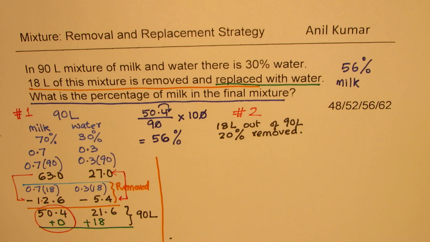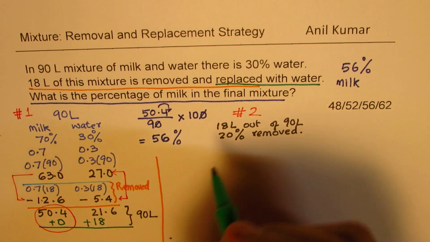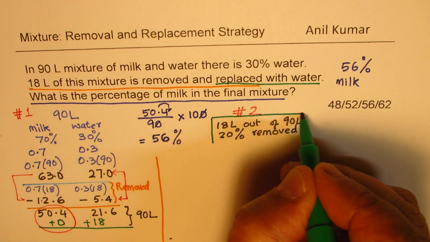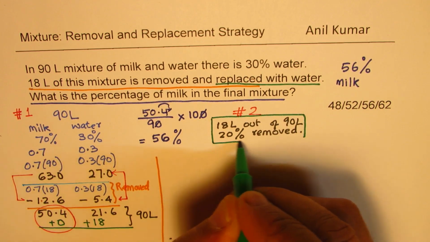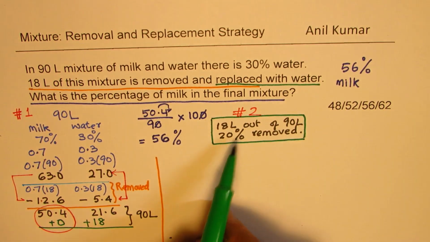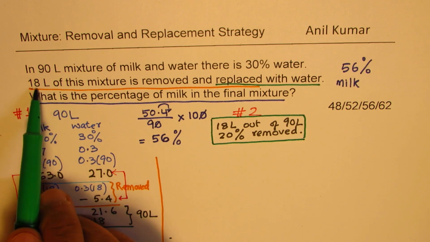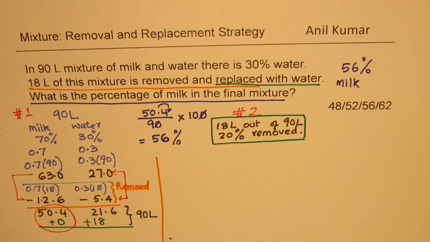So for some students who understand percent and ratios and fractions, method 2 is a very good method. So the key here is to understand, when we say 18 liters removed from 90 liters, 10% is 9, 20% is 18, right? Now let us see how to solve this question.